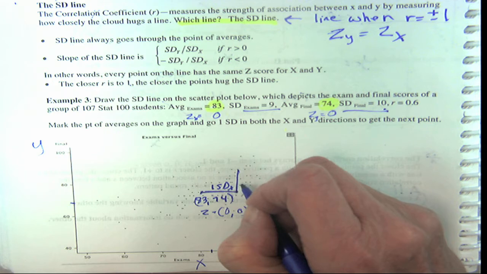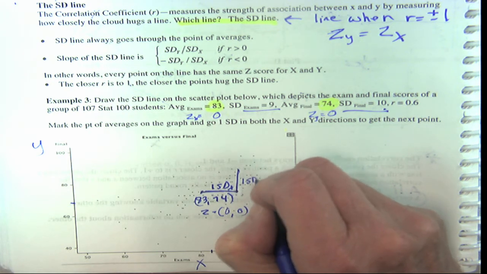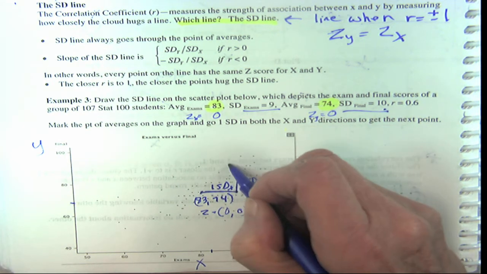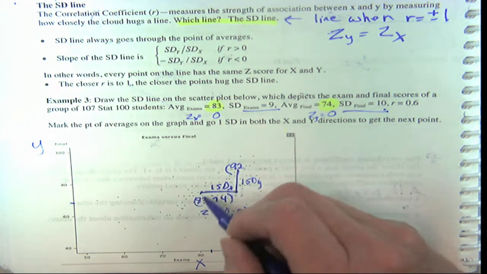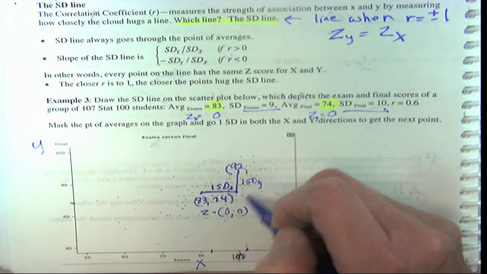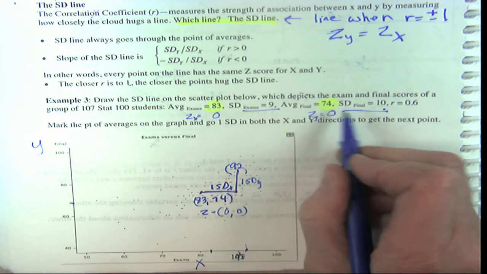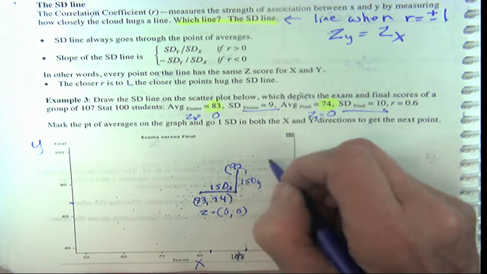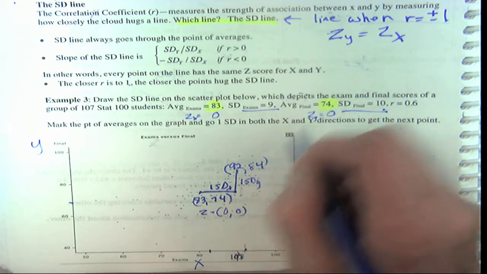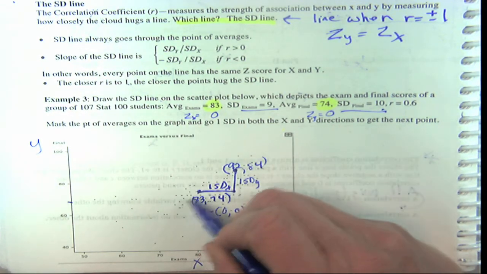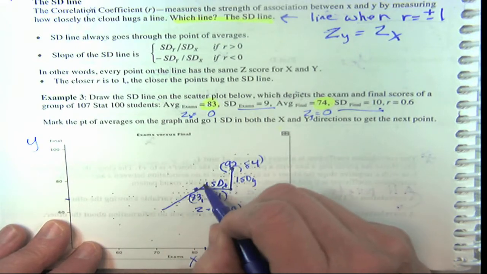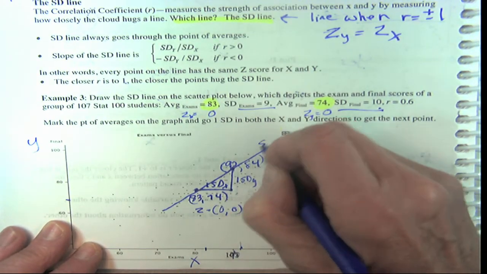So that's one standard deviation in the y direction. 92 was 9 in this direction, and then we're going to go from 74 up 10 to 84. Okay? And these 2 points determine a line. Any 2 points, but this is the SD line.